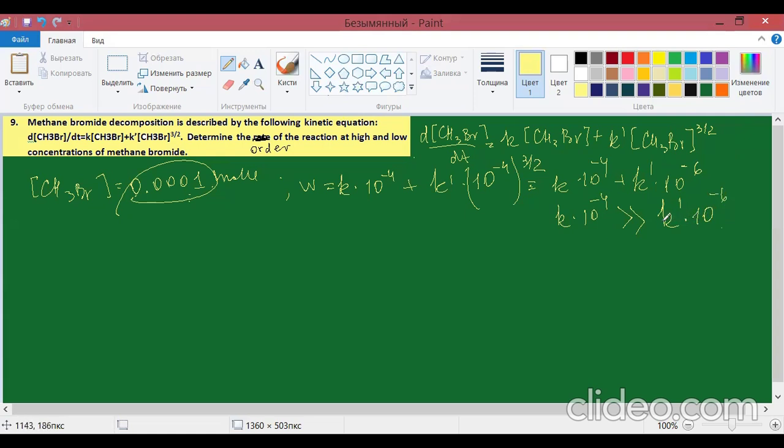What conclusion can we make? Whenever the concentration of this reagent is pretty low, we can neglect the second term.